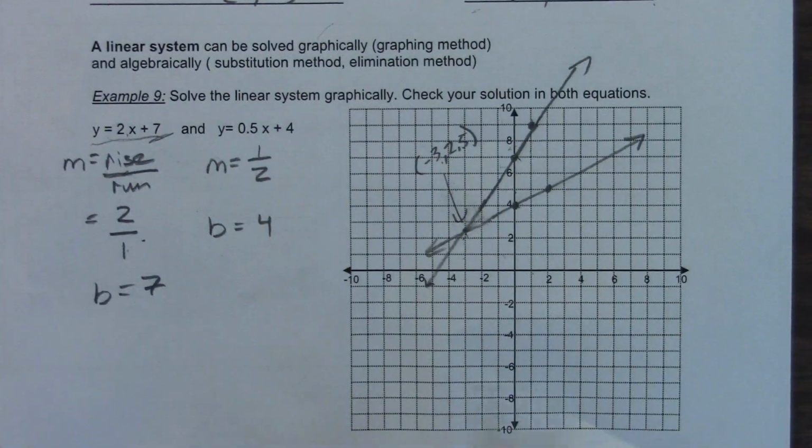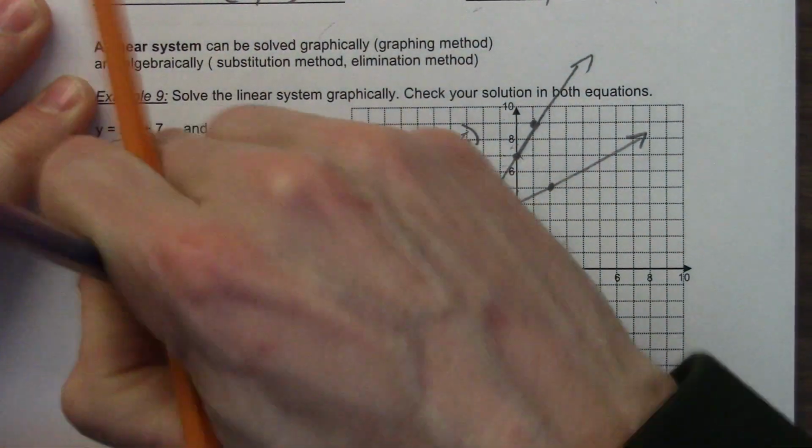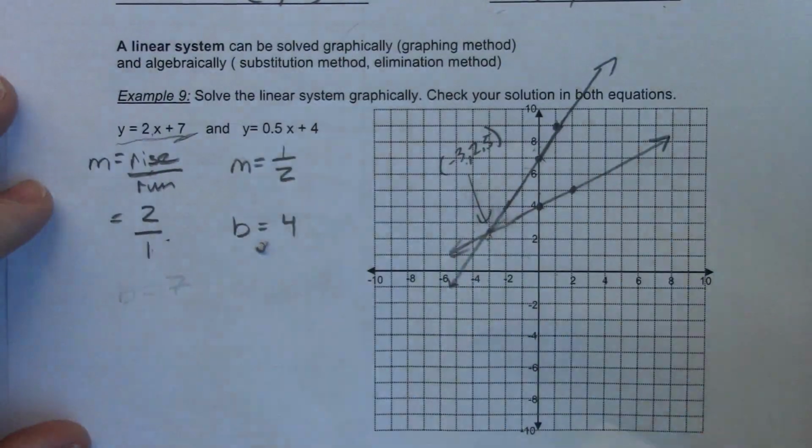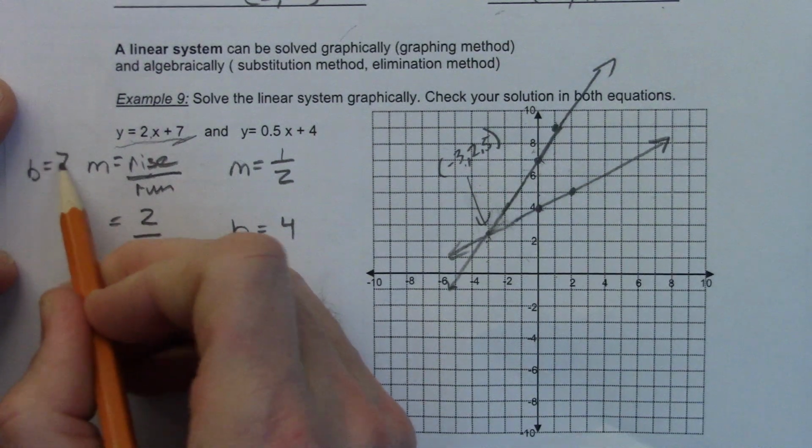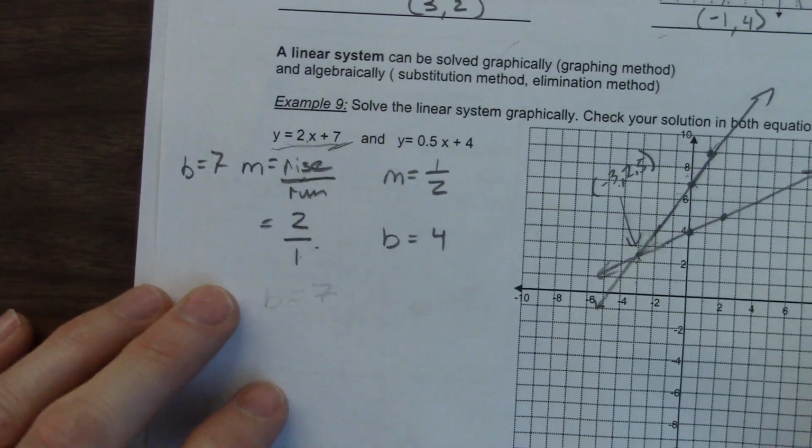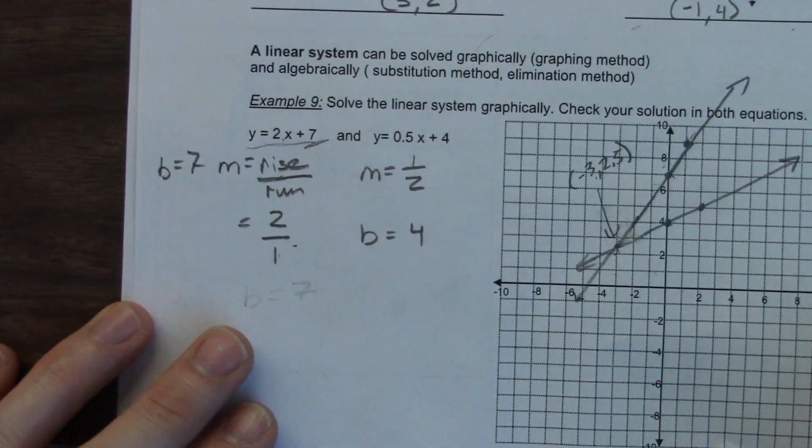Let's do that right now. Okay, so I'm just going to erase this to give me a bit more space. Put it up here. B equals 7. Okay, so let's check this. I actually think it's going to be wrong, but let's check.